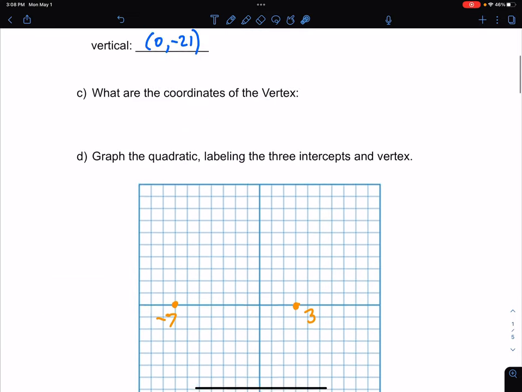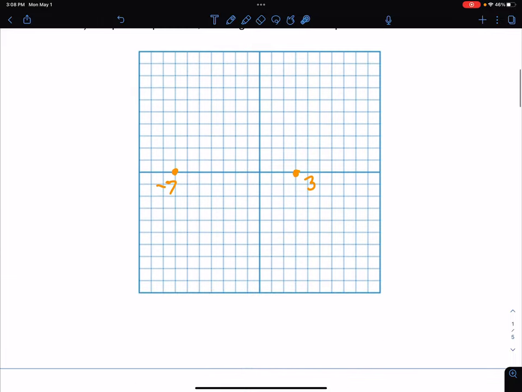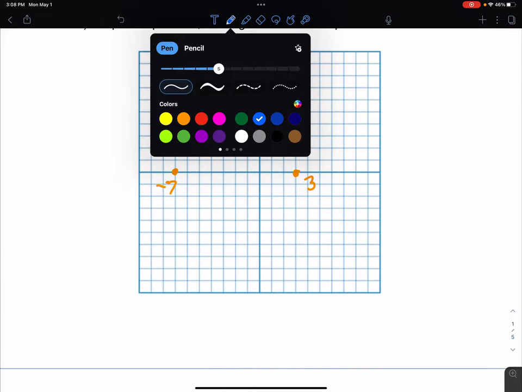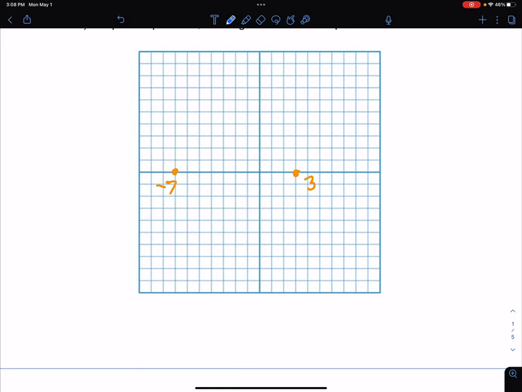Obviously, there's not 21 squares in the negative part of this graph, so I'm going to count these squares as 3 each. 3, 6, 9, 12, 15, 18, 21. Negative 21 down here.